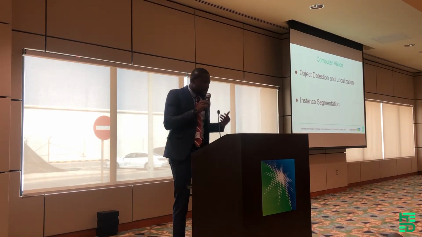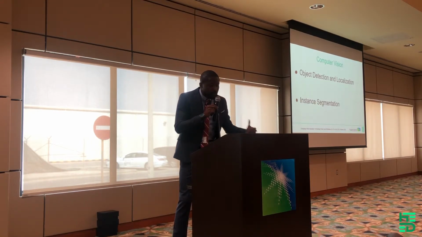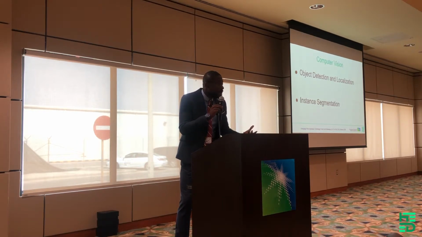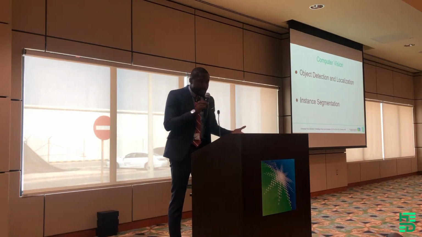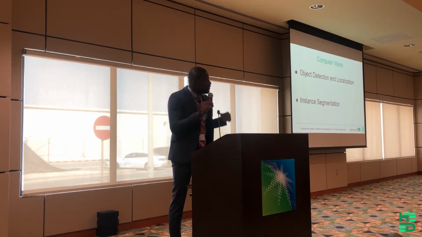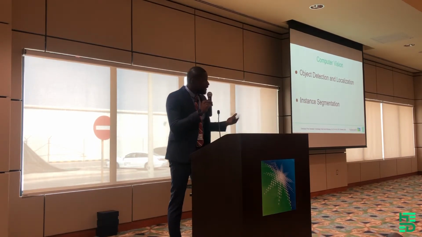After we identified what types of corrosion we wanted to identify, the next step was, how can we not just detect the corrosion type, but how can we scale it? Object detection and localization and instance segmentation are more advanced levels. It's not like corrosion defect determination had not existed before deep learning and computer vision.